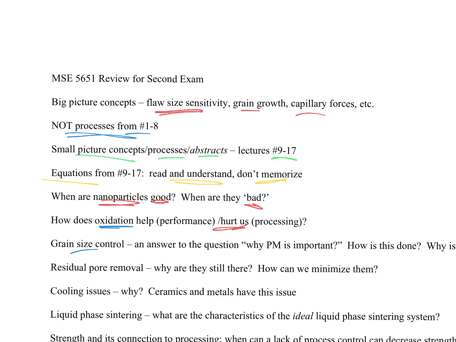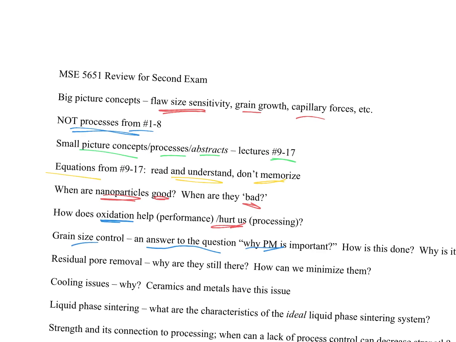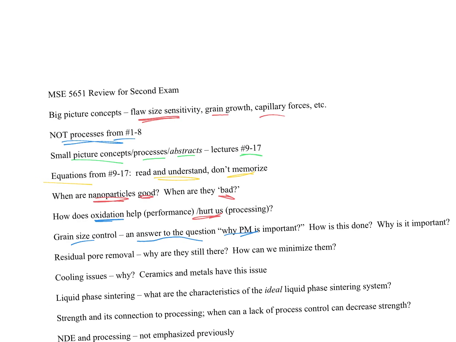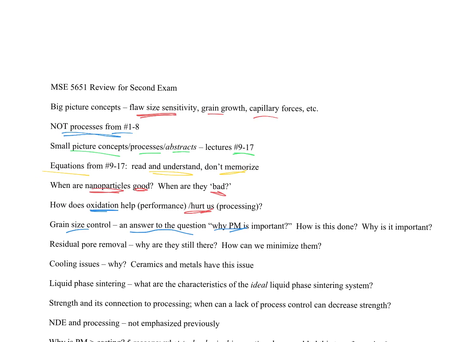Grain size control is an answer to the question of why is powder metallurgy important. And so we know that powder metallurgy allows us to make small things, but it also allows us to control the grain size in a much more complete way than we can with casting.